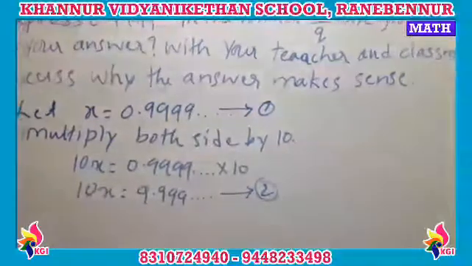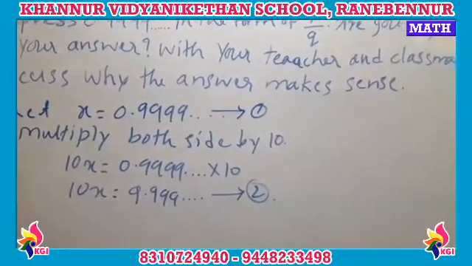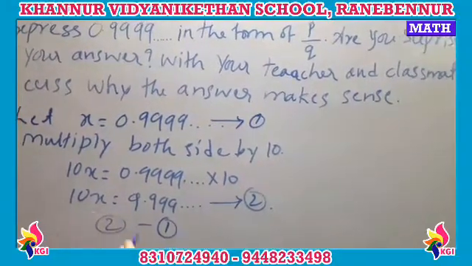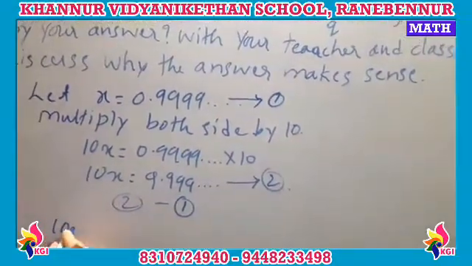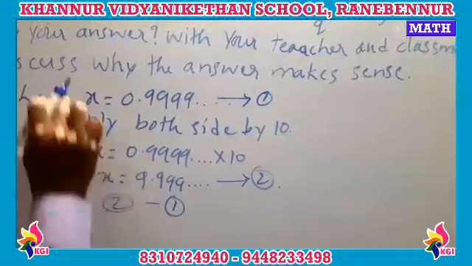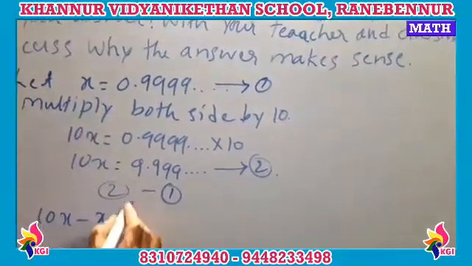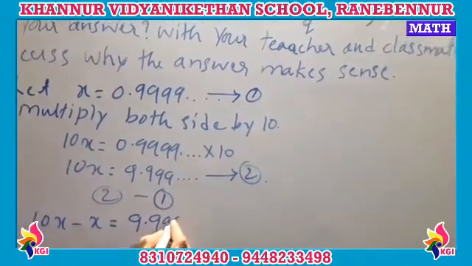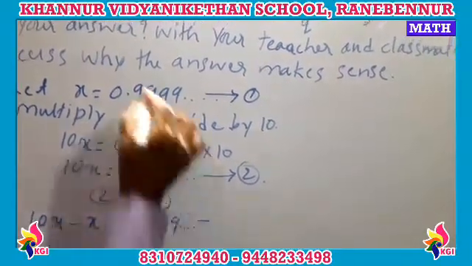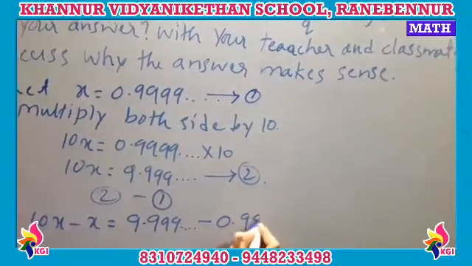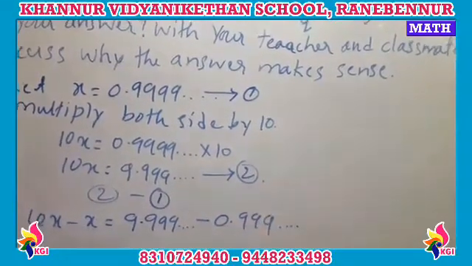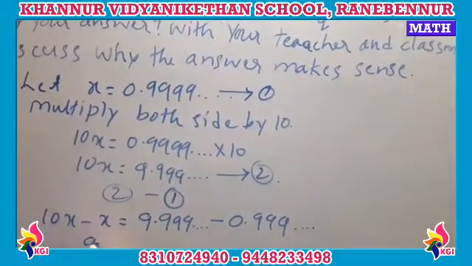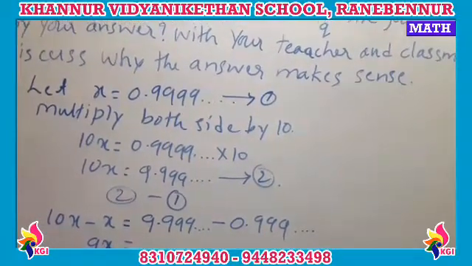After finding equations 1 and 2, what are we supposed to do? Equation 2 minus 1. What is equation number 2? On the left hand side it is 10x minus x. That is equal to 9.9999 and so on minus 0.9999 and so on. So when I subtract 10x minus x, I get 9x.